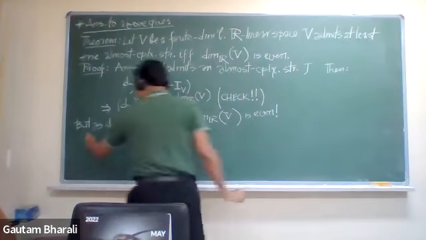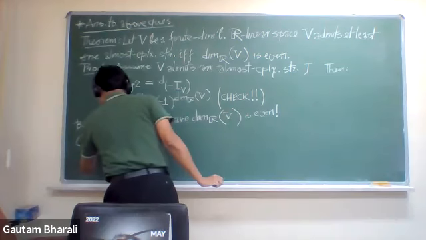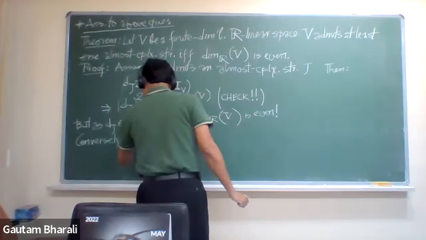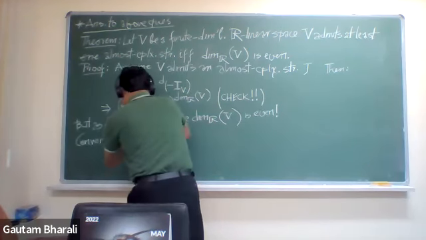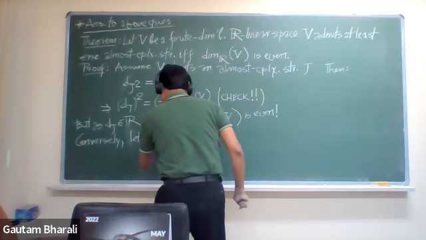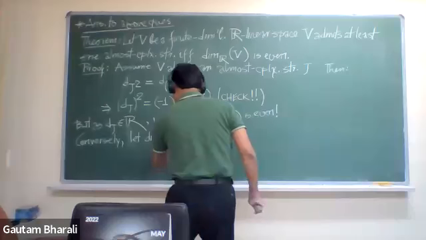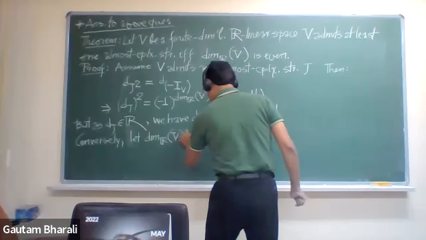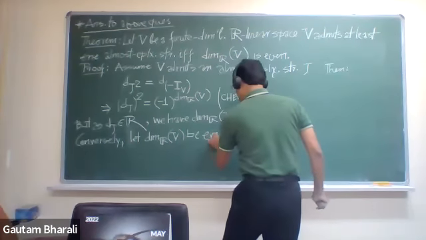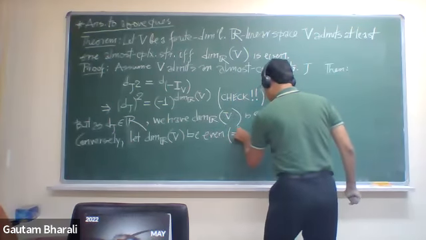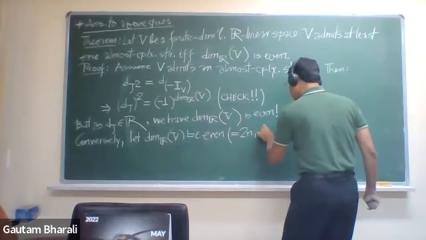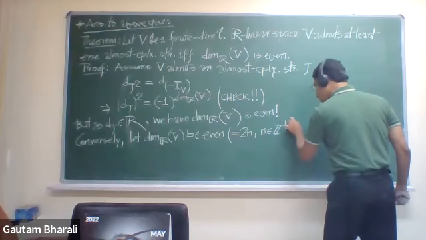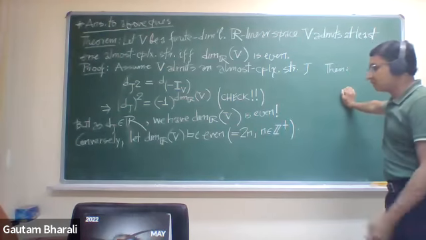So now conversely, let the dimension of V be even, so this is equal to 2n for some positive integer n. So this is the converse part.